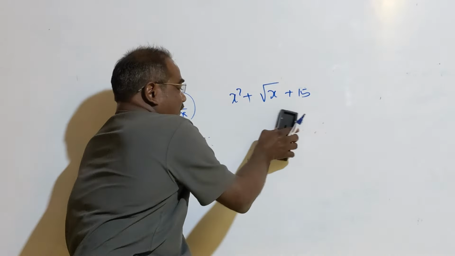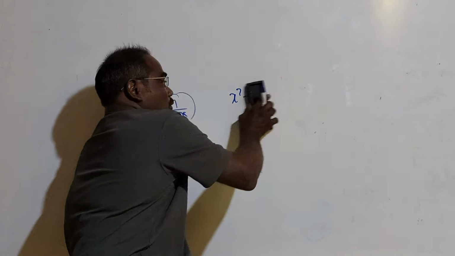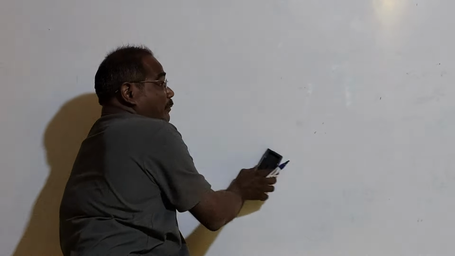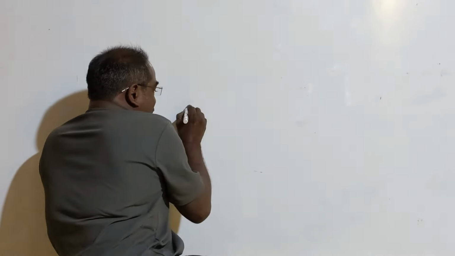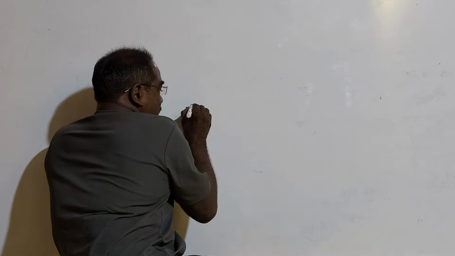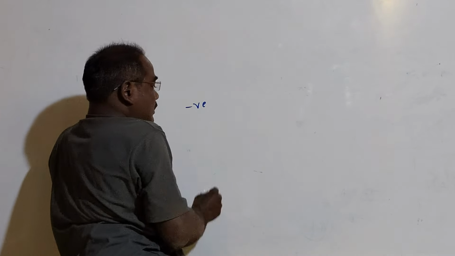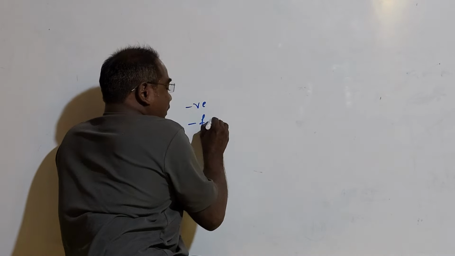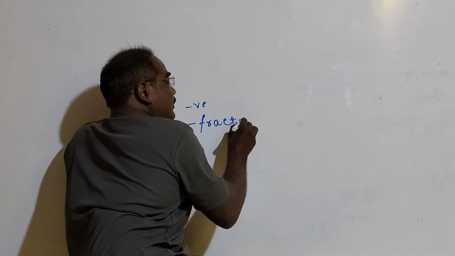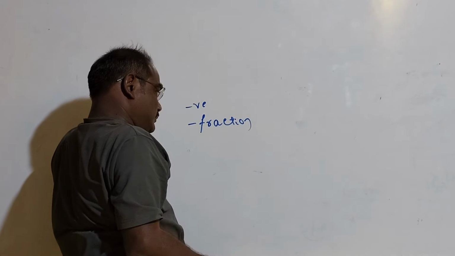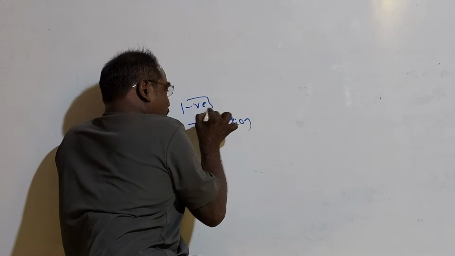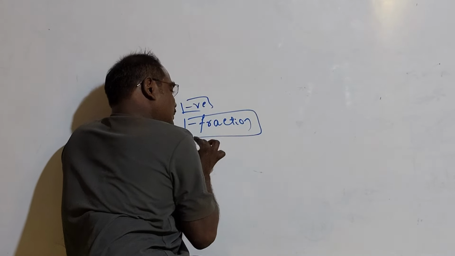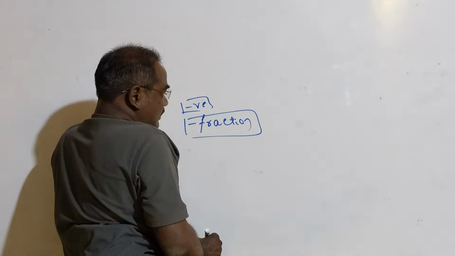So we can say the given expression is a polynomial only by observing the power of the variable. The power should not be a negative number. The power should not be a fraction.